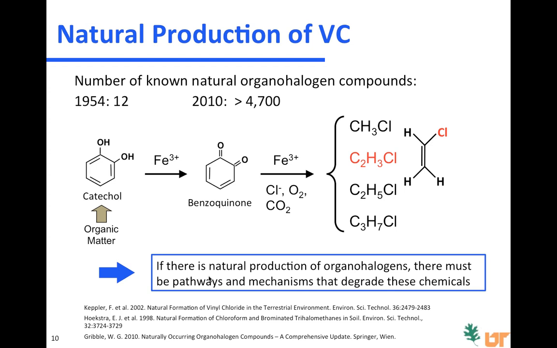If that wouldn't be the case, these chemicals would accumulate and we would find very high concentrations. That's not the case. So there must be pathways for the degradation of these naturally produced organohalogens. And these are probably mechanisms that are of interest to us that we can then exploit and use for cleanup of contaminated aquifers.